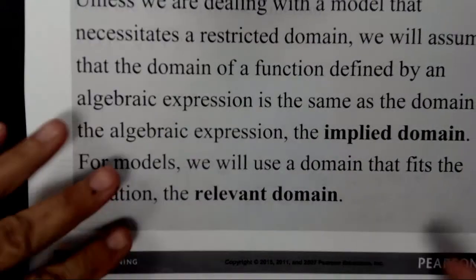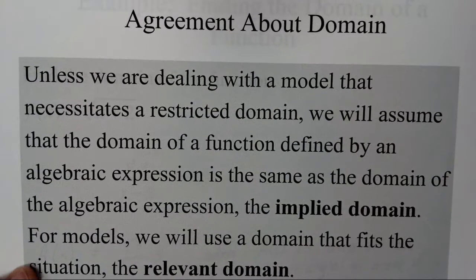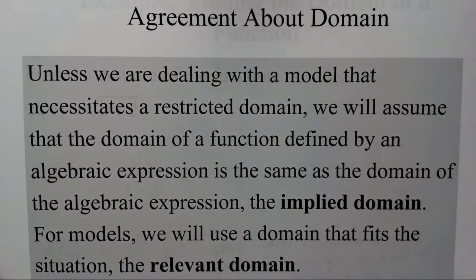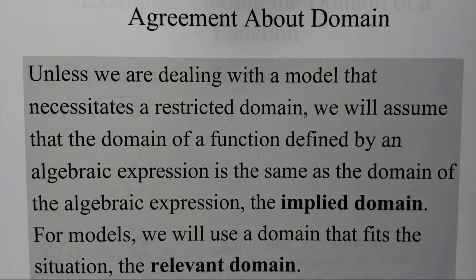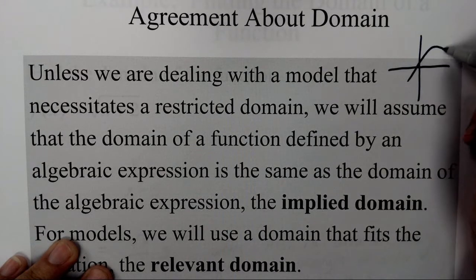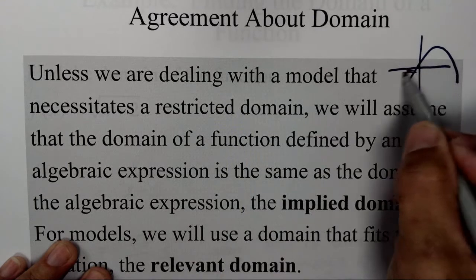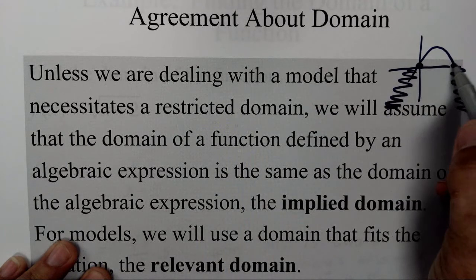Agreement about domain. Unless we are dealing with a model that necessitates a restricted domain, we will assume that the domain of a function defined by an algebraic expression is the same as the domain of the algebraic expression, the implied domain. So the implied domain of a parabola is all real numbers. Agreed? Okay. Now, do y'all remember our vertical motion problems where we had a lot of upside-down parabolas? And did we forget about all of this part of the parabola and all of this part of the parabola, and we were only dealing with from here to here?